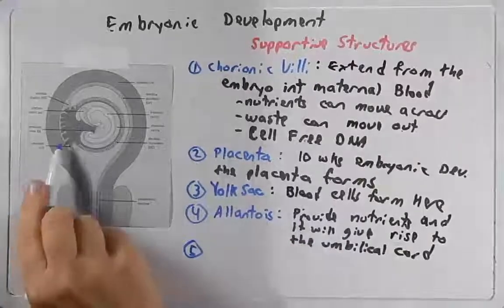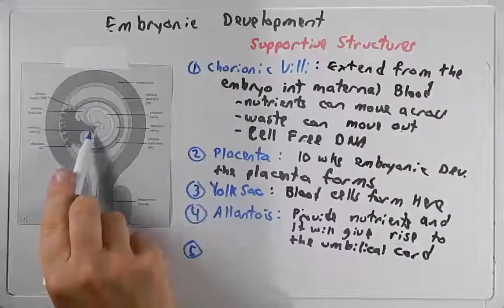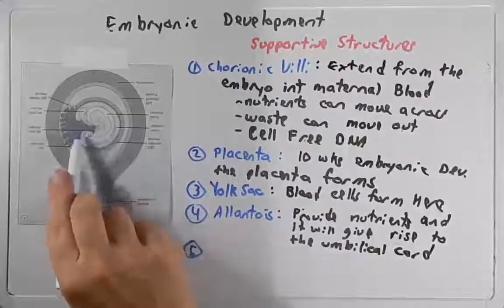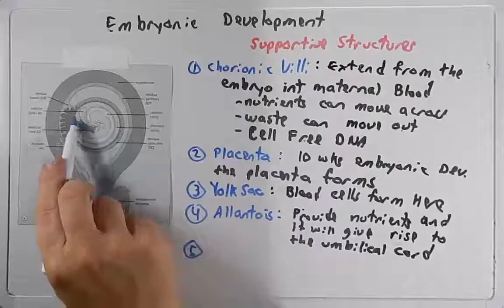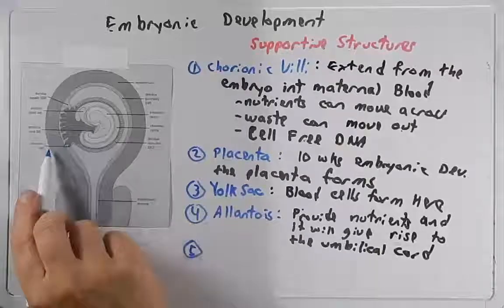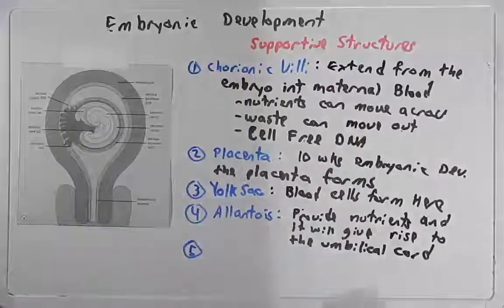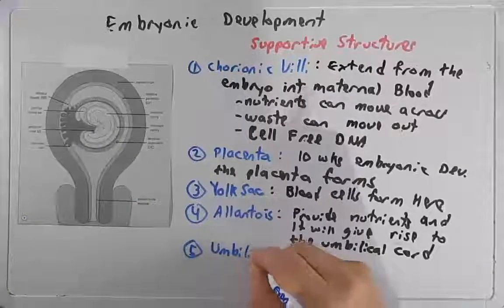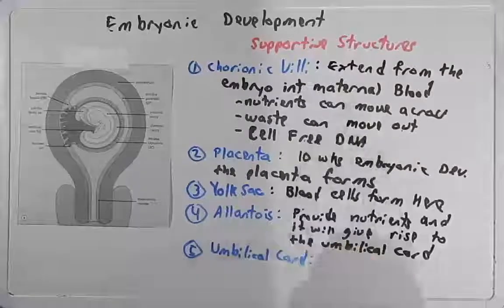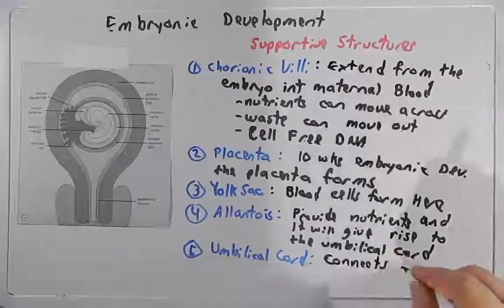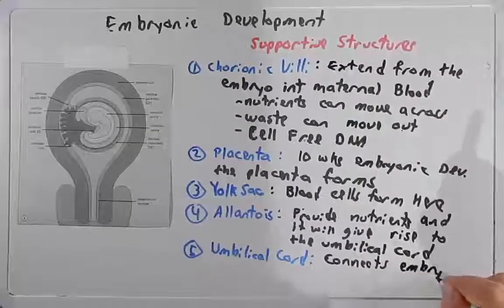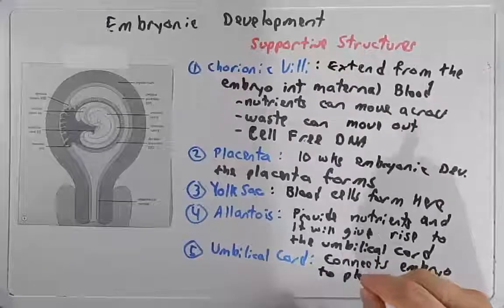And you can see the umbilical cord over here in this picture, extending from the developing embryo into what's shown here, the chorionic villi, but it will extend into this as it forms the placenta. So umbilical cord. And I'm just going to write here, connects the embryo and later the fetus to the placenta.